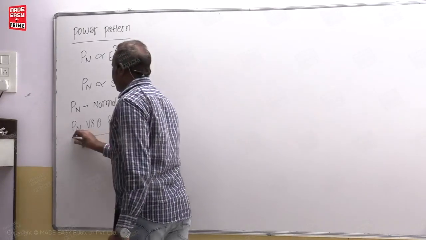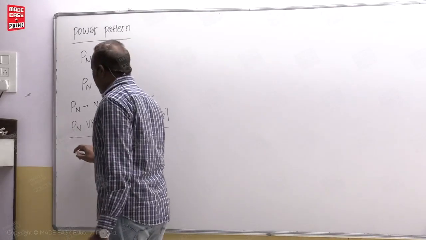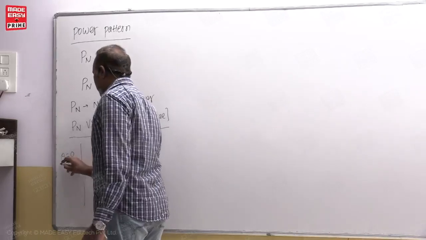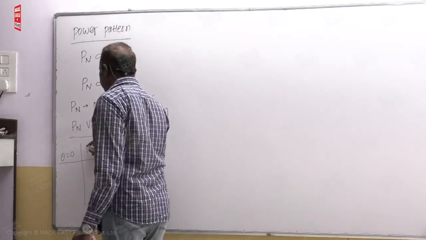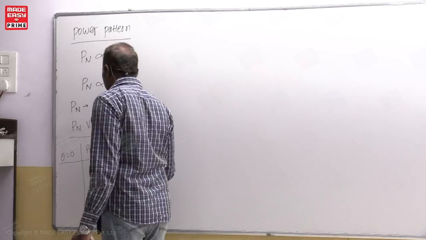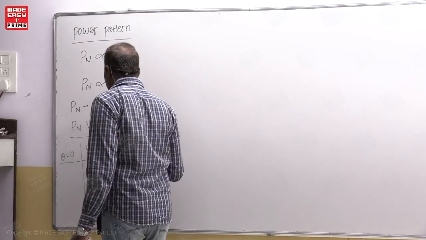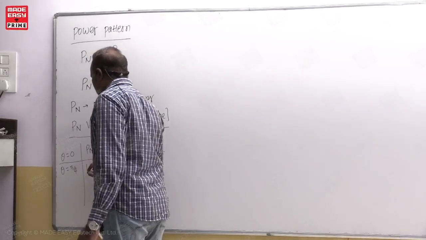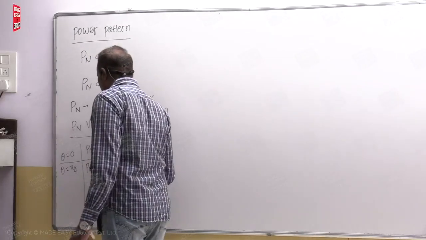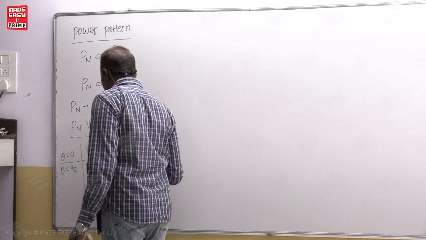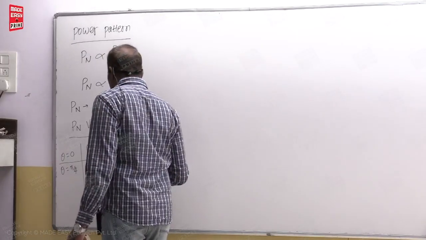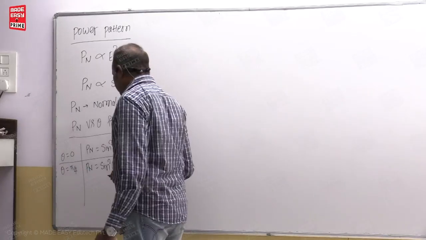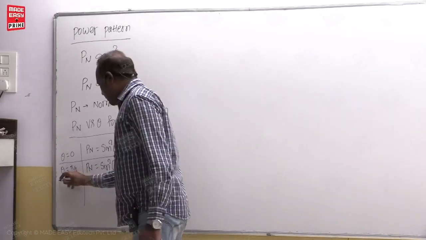Here theta equal to 0, then normalized power is sine square 0, which is 0. Theta equal to pi by 4: normalized power is sine square pi by 4, that is 1 by root 2 whole square, that is half.